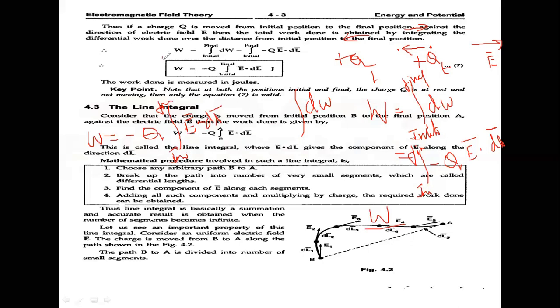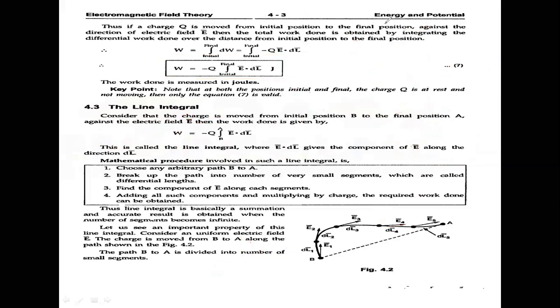The work done W is equal to minus Q integral from the initial value to the final value of E bar dot dl bar. Let that initial value be B. The work done W is equal to minus Q into the integral from B to A of E bar dot dl.